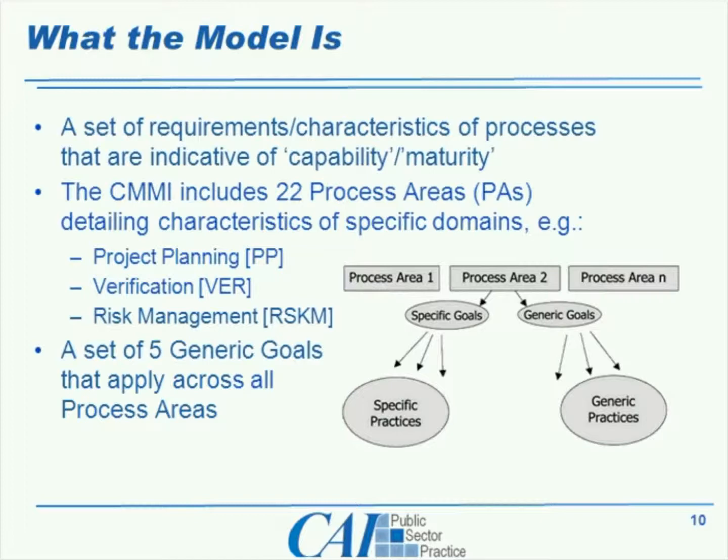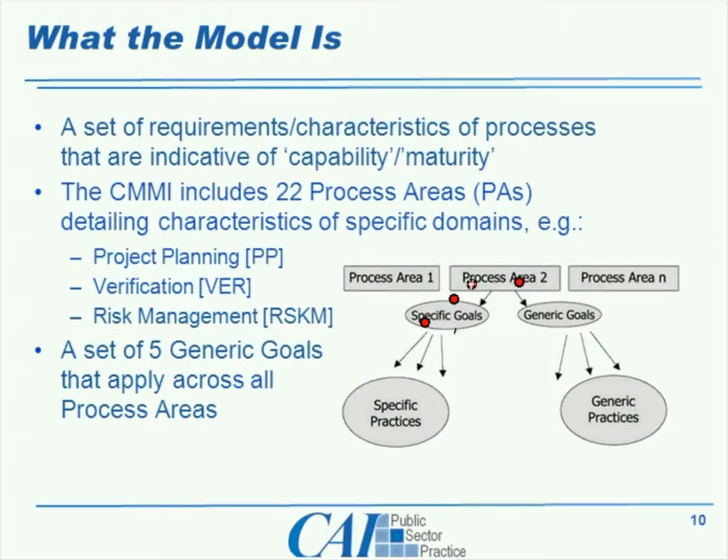In addition to the specific processes, or PAs, there are also 5 generic goals. And those generic goals, as the name implies, cover all of the processes, all of the process areas that are included in the model. So when you see the graphic on the right-hand side, we see the process areas on the top. So this is process area 2. Process area 2 would have specific goals associated with that process area.